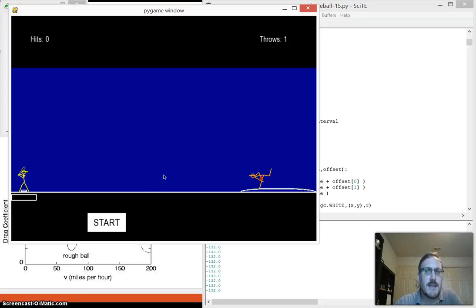The problem is that unless I play with numbers, and I probably will, there will not be a visible effect. So it's still going to go really, really fast. It's starting out at 90 miles per hour, and it's probably going to be at about 80 miles per hour when it hits here. That's still really fast, right?